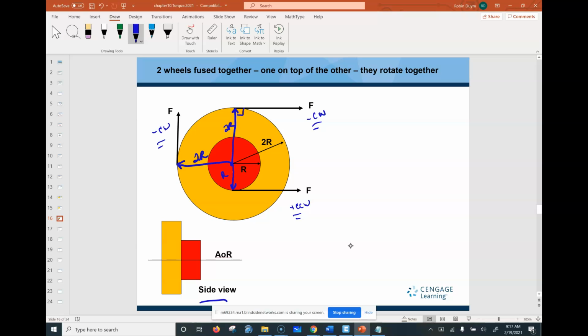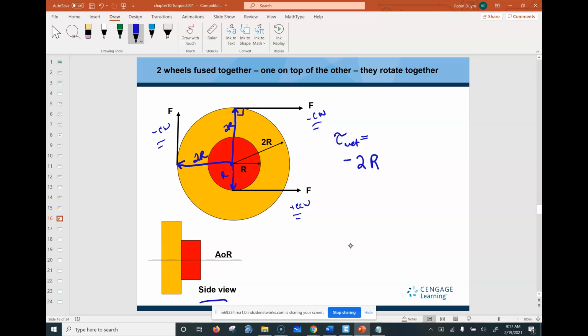Now just add up all your torques. So I'm just going to go around the circle.